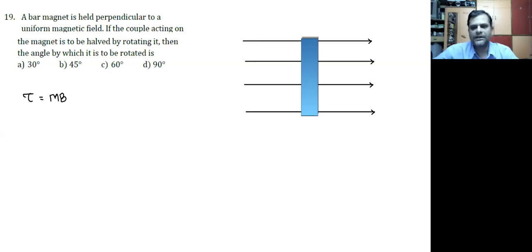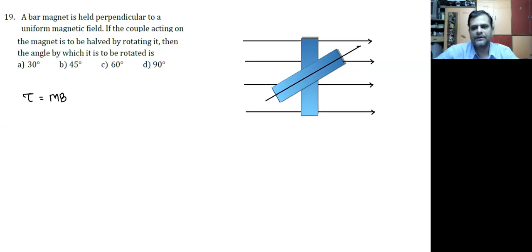अभी देखो, अगर ये मैग्नेट जो है उसको अगर हम सपोज रोटेट करते हैं, तो अगर ऐसा रख देते हैं, if suppose this magnet is just kept like this so that its axis is making some angle theta with the direction of magnetic field.